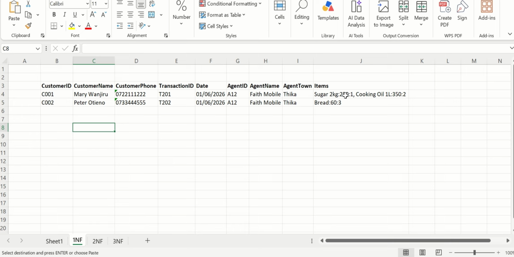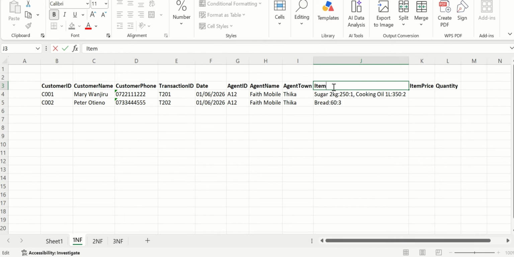That means we will have to add another column here for the item price, and another column for quantity. This one you can just call item name.